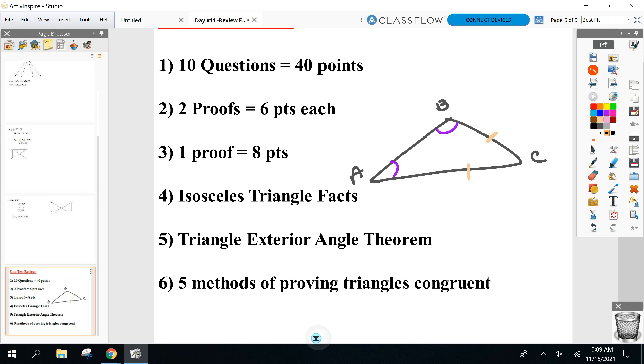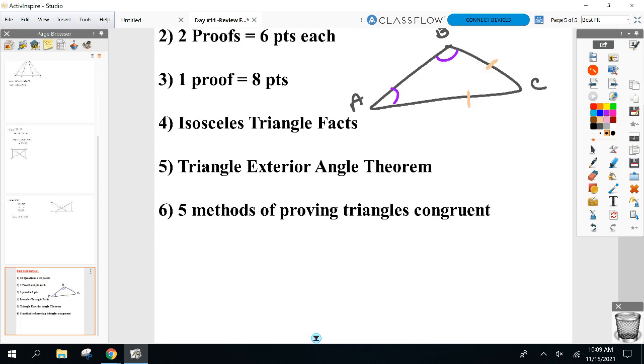Triangle exterior angle. This is something that was on the quiz, but will be, again, quizzed on tomorrow. Angle 1, angle 2, angle 3, angle 4. What does the exterior angle theorem say? What's angle 1 equal to?